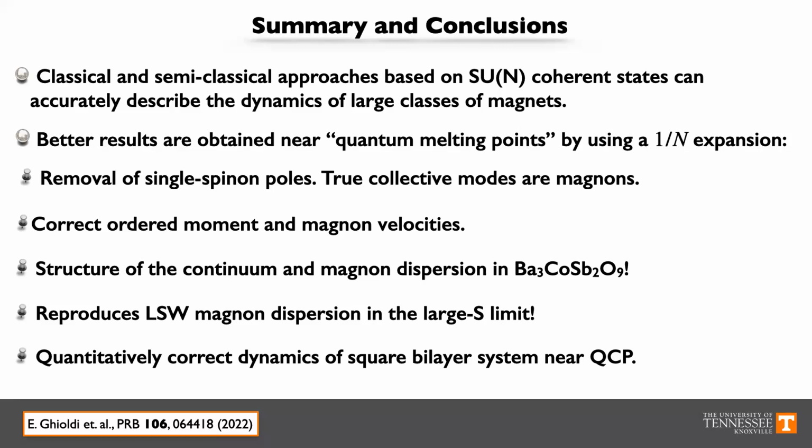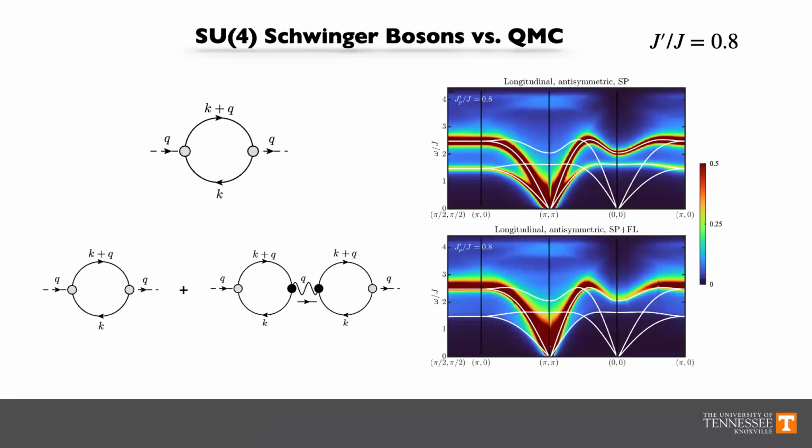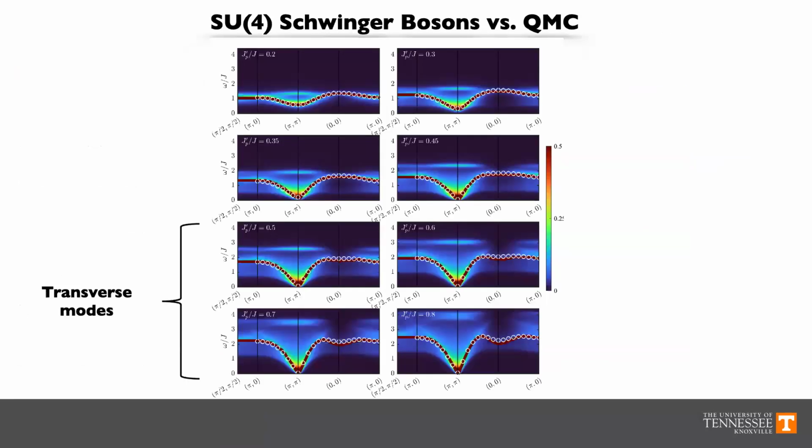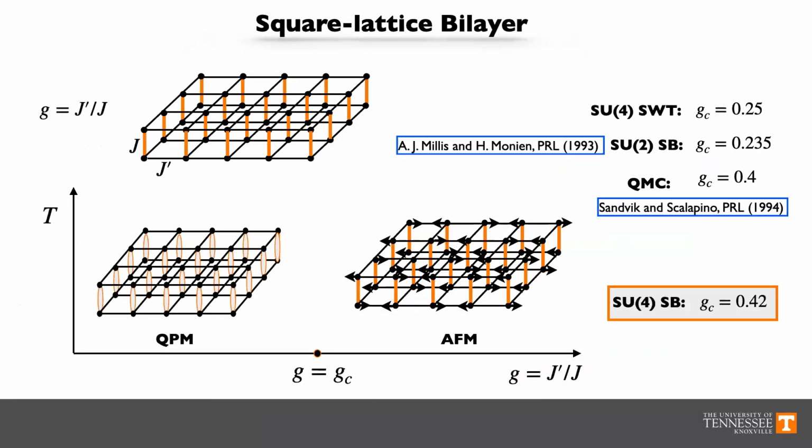And now, for example, for the Schwinger bosons, when should I do what? You have the example that the SU(4) Schwinger boson works, but the other one doesn't. So what is the intuition behind it? Well, here, the way this transition is happening is because in the semi-classical approach, in order to describe a continuous transition from here to here, you need to have some linear combination of singlets and triplets.